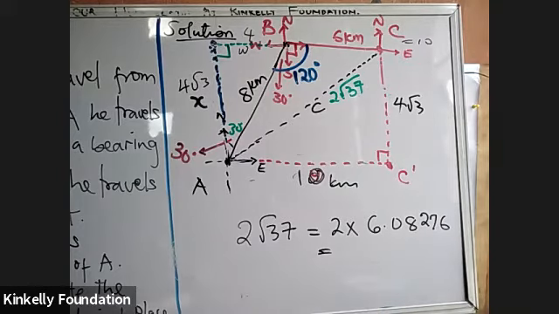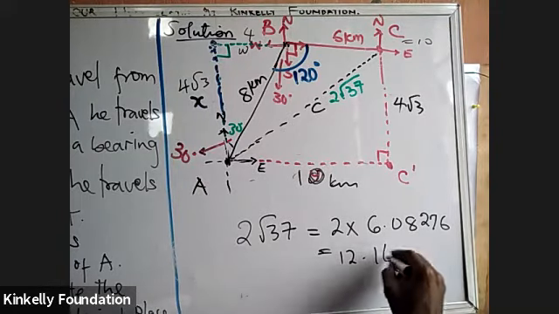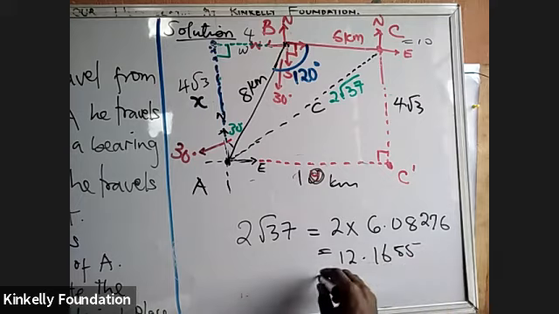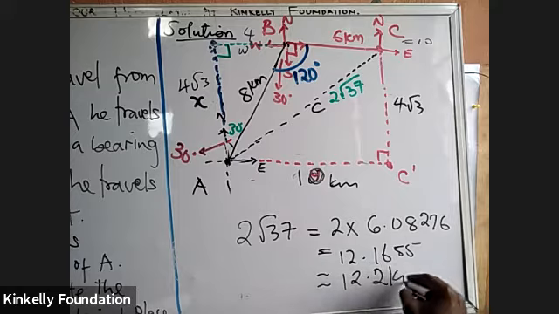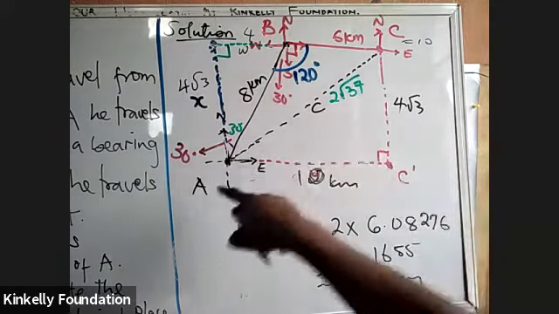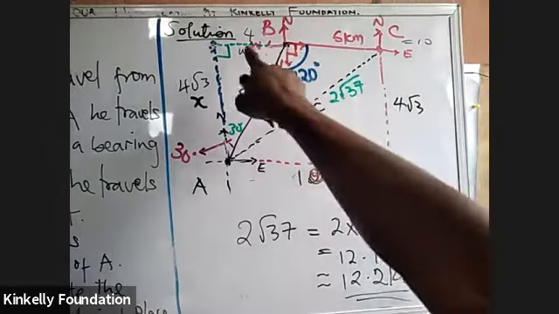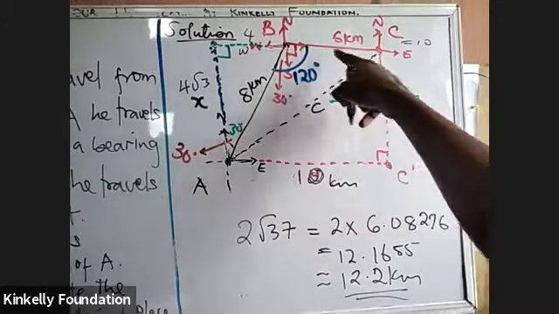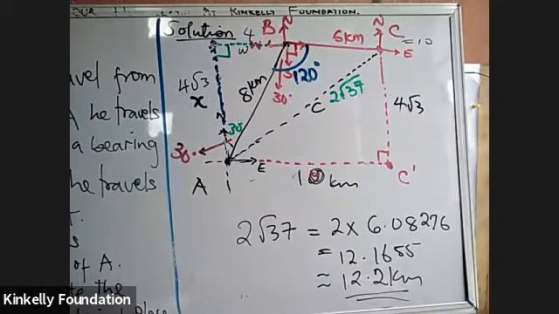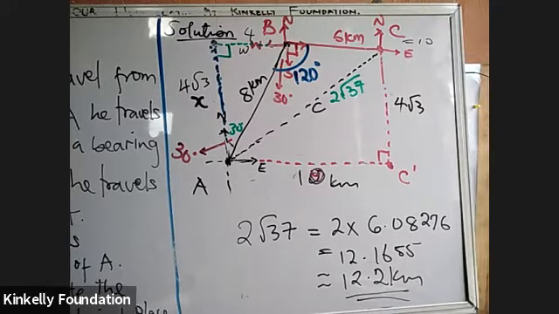So once you multiply it with 2, we are going to get something like 12.1655 and so on. Approximately to 1 decimal place, 12.2 kilometers. That's the value of AC. Remember that this is AC prime, which we got when we have this value and then this one. If there's any question, we'd like to get it from your comment section. Thank you.